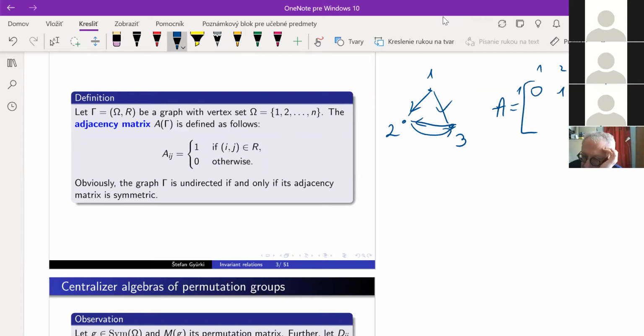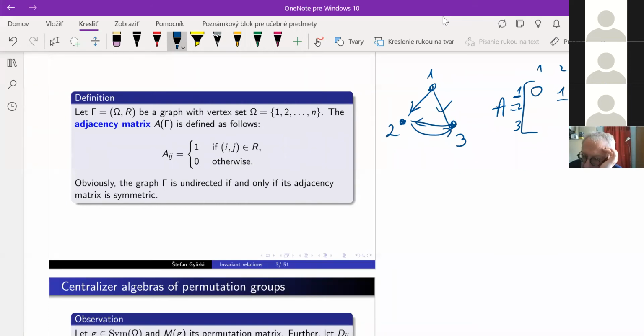So each row and each column corresponds to a vertex of a graph. And I am putting 1 if there is a dart from i to j. So from the vertex 1, there is dart to vertices 2 and 3.